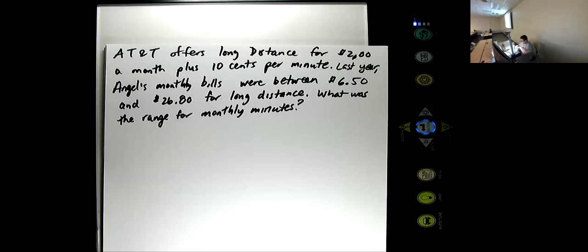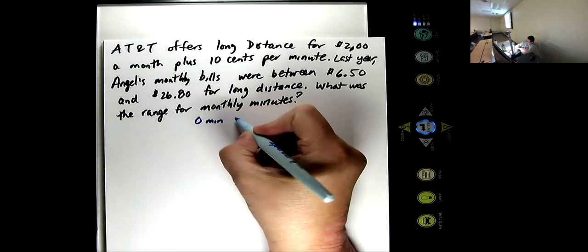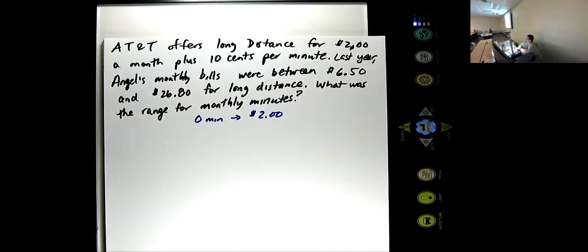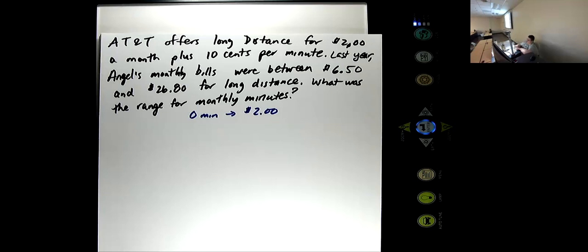Okay, so if she does 0 minutes, she still has to pay $2. This is how to reason these problems out, how to figure out how to set them up.